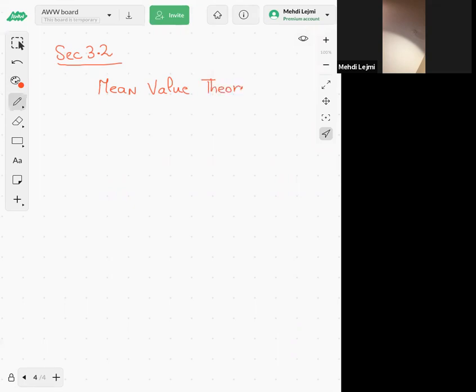Well, before the mean value theorem, we have another theorem, which is kind of like a particular case of the mean value theorem. So first, I'm going to start with Rolle's theorem. All right. So what does it say, this Rolle's theorem?